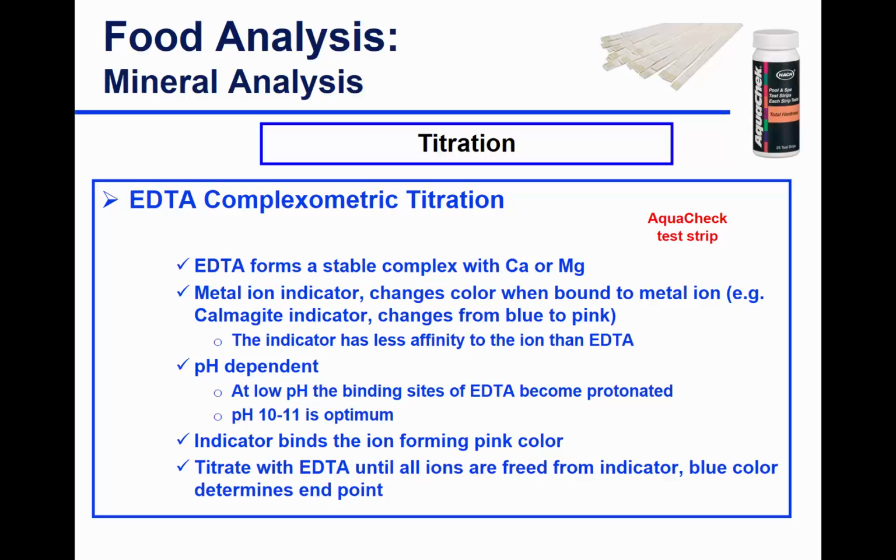So you want to make sure that you have a pH between 10 and 11. That's enough to make sure that the EDTA is available to capture calcium or magnesium. And it's a titration, so like I said, once the EDTA captures all the calcium, your indicator turns back to blue.